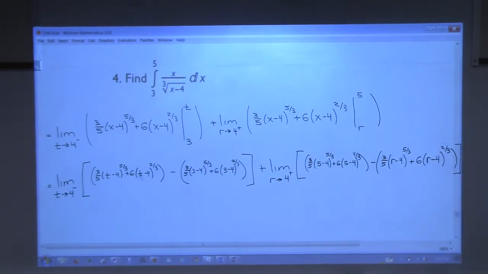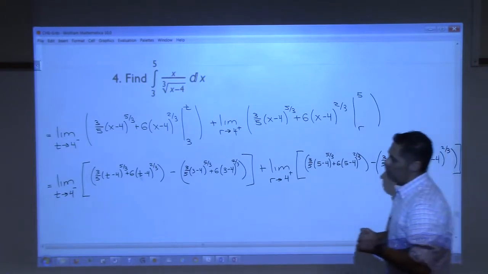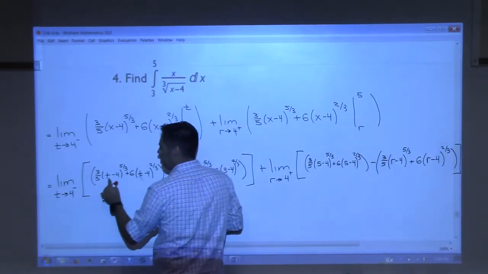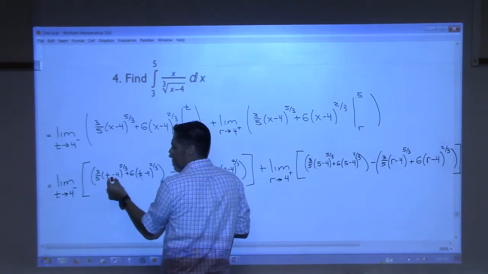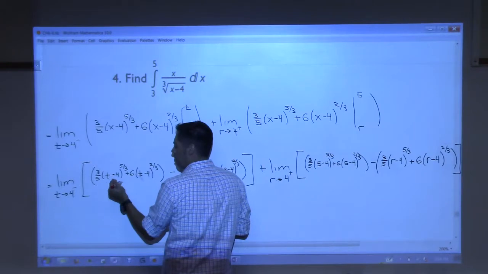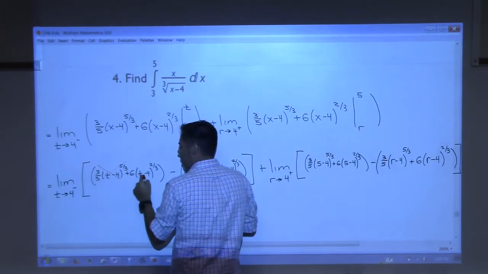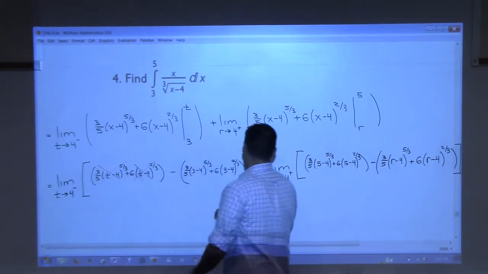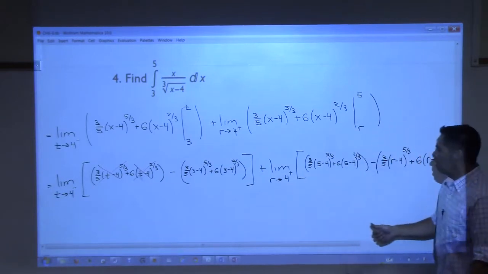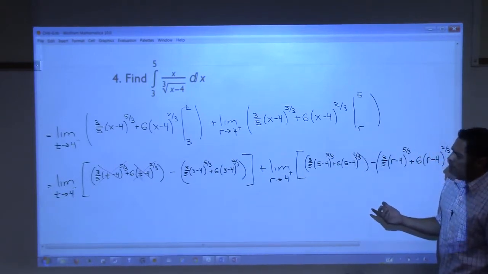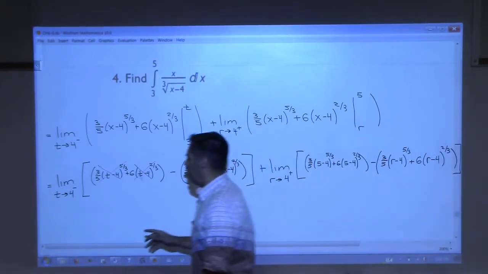All right. Now normally I try and figure out what all the numbers are and then take the limit. But I'm actually going to do the limit first because the limit's going to kill a bunch of stuff off. So if t approaches 4 here, we said this already, that'd be 0 to this power. Because that's not a negative power, it's just 0. So this is all dead. This right here is all dead. And then over here, when we let r approach 4, did it matter that we were coming in from a certain side?